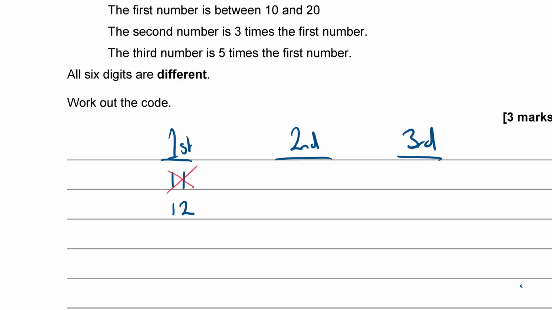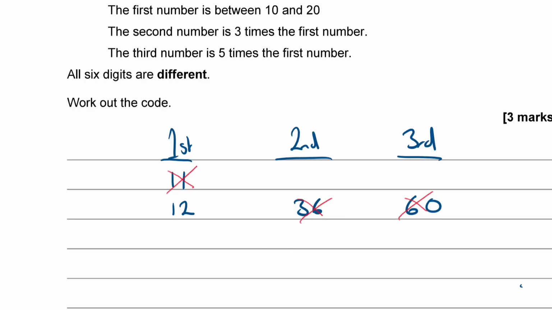12. So if the first number is 12, then the second number is 3 times the first number. 3 12s are 36, and the third number is 5 times the first number. 5 12s are 60. Okay, so here we've got a 6 and a 6, so that isn't working as well. They're not all different digits.